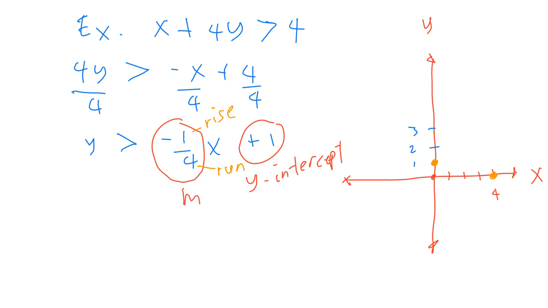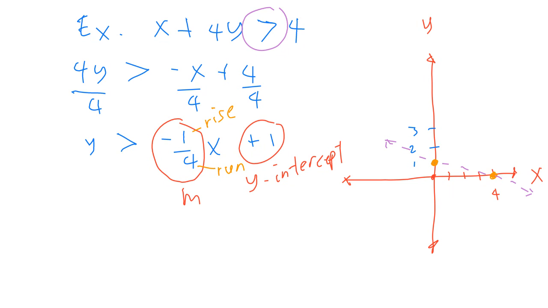And then we connect the 2 points. Since we're using greater than, it should be a dotted line. So it's a broken line passing through the 2 points. So that should be the line.